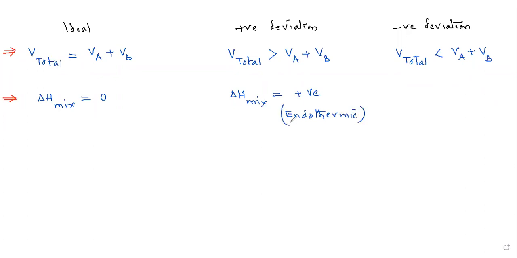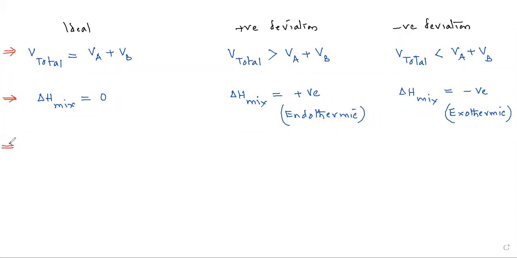Because here, some bonds are broken. Bond breaking is endothermic. In this case, bonds are formed, interactions increase. Bond formation is exothermic. So, everything is related to the interaction part.